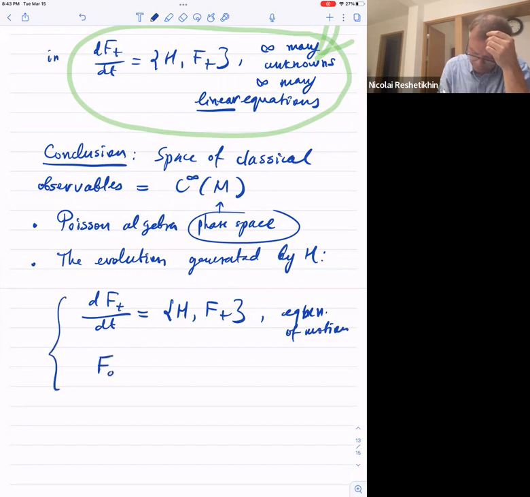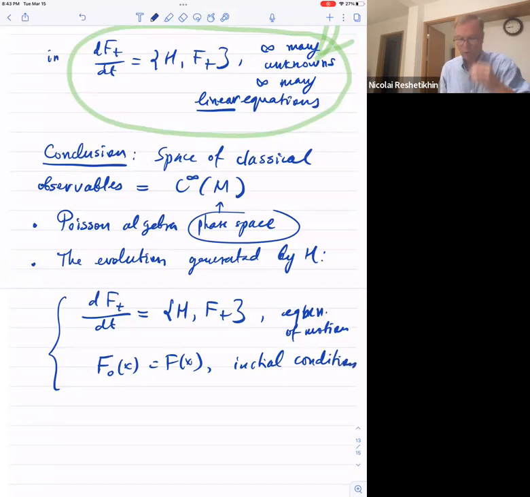And the initial condition is f_0(x) = f(x). If we knew how to solve infinitely many equations for infinitely many unknowns, we wouldn't go into the nonlinear ODEs defining the dynamics. We would just be solving this system of linear equations.